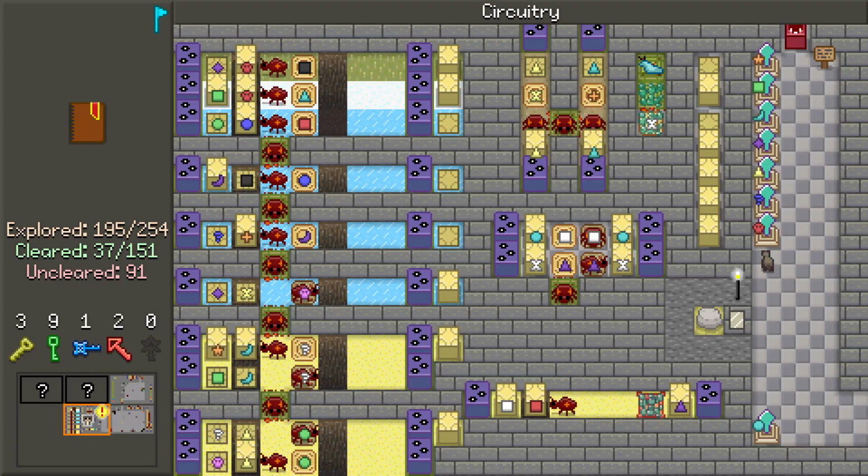So now when I do this, blue circle is closed. Wait, why? Or blue circle is not... So purple moon. Ah, it's because of your state. Okay, so cyan triangle, red skull again.